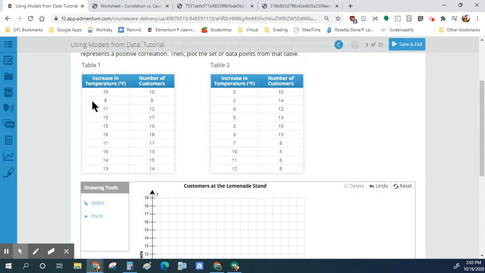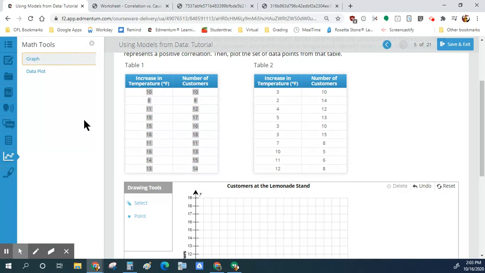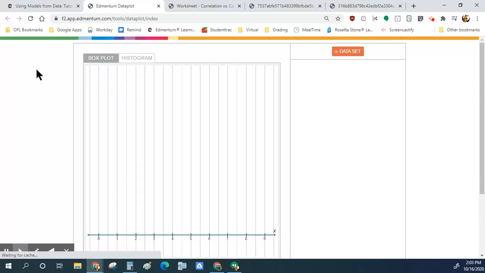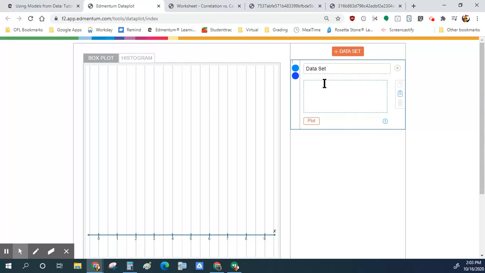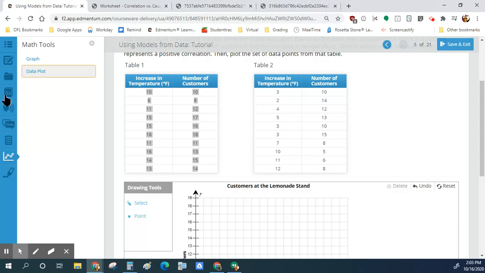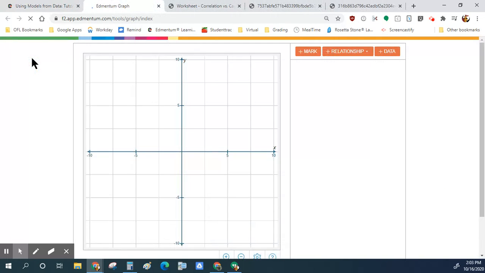So one good thing, if you're having trouble with this, what you can actually do is I think you can actually use the data plots here. So if you go to data plots, you can put in your data sets. Oh wait, we'll get into this later. I meant to go to data.